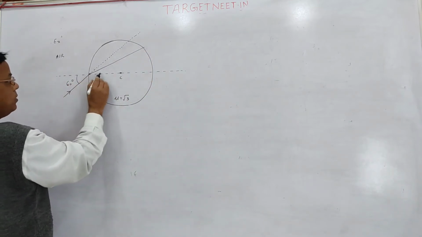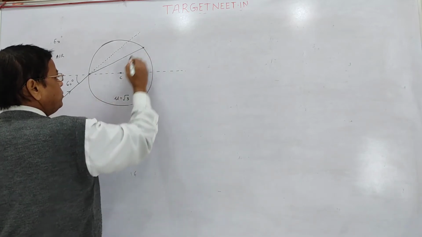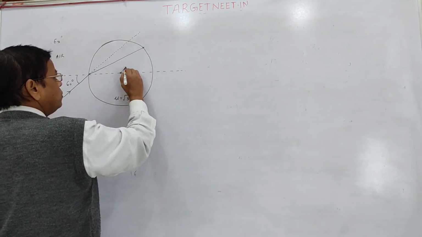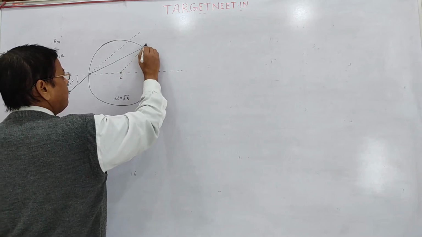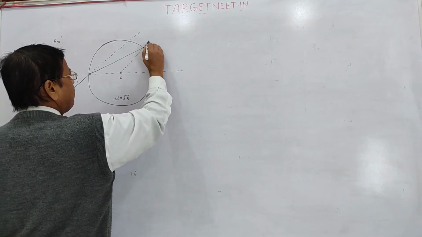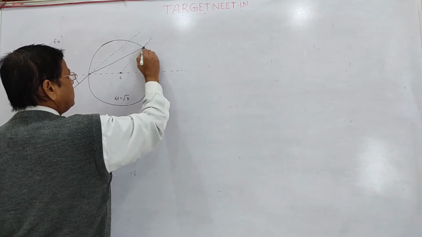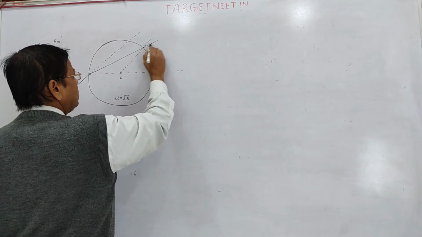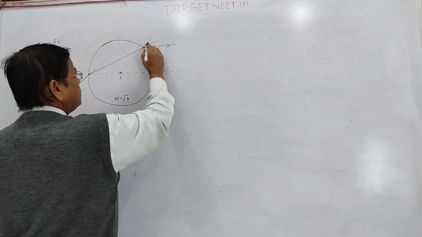This is the normal here, and then it gets incident at this point, so this will be the normal here, and finally it emerges out from the sphere.